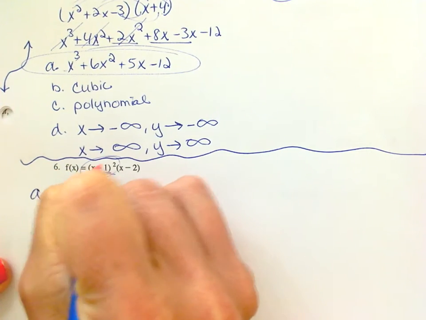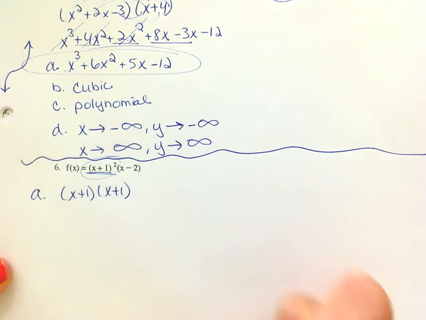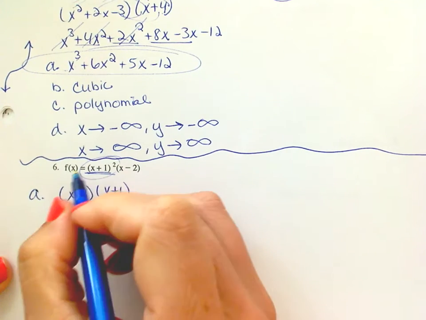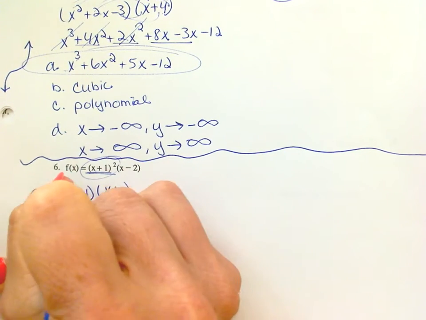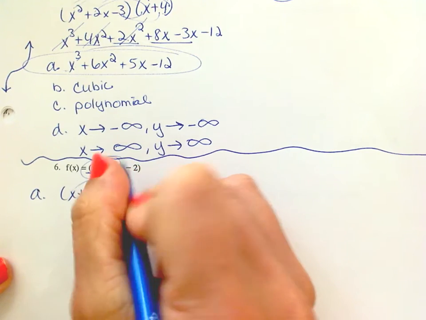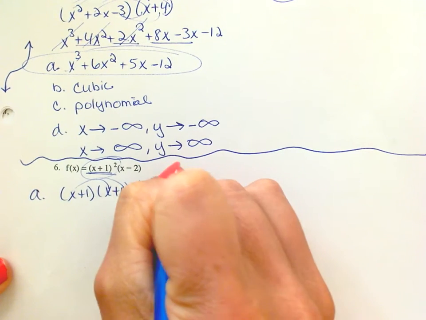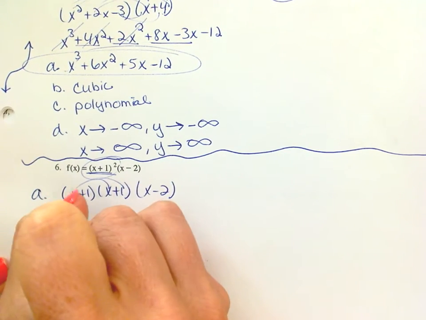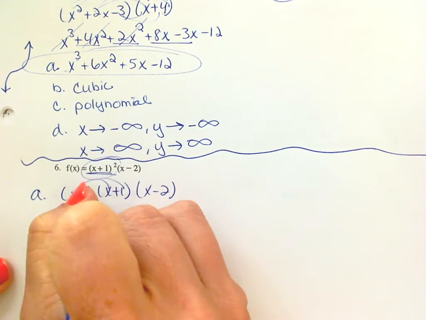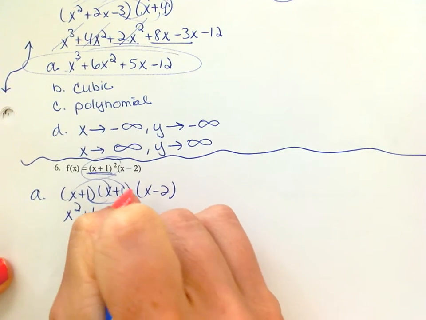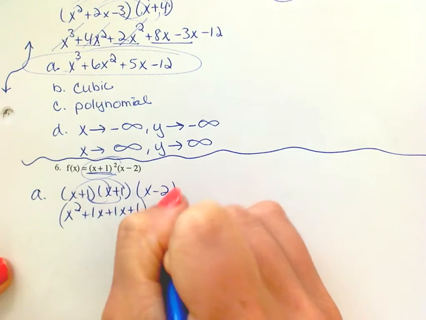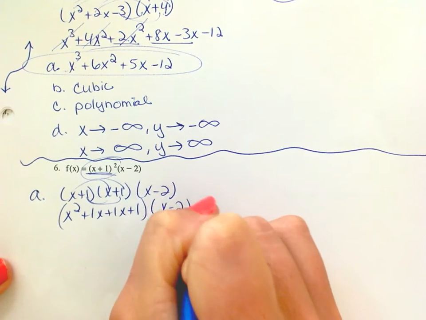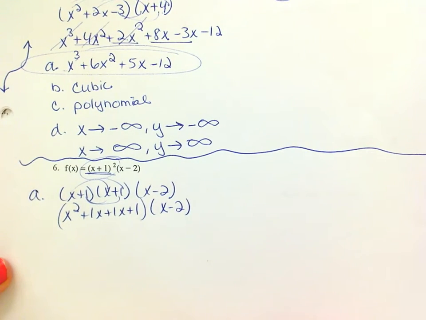So if we square something, we multiply it by itself. So I'm just going to do that part. We'll get x squared plus 1x plus 1x plus 1. Bring your x minus 2 down.